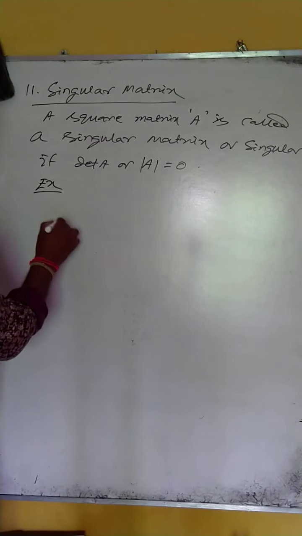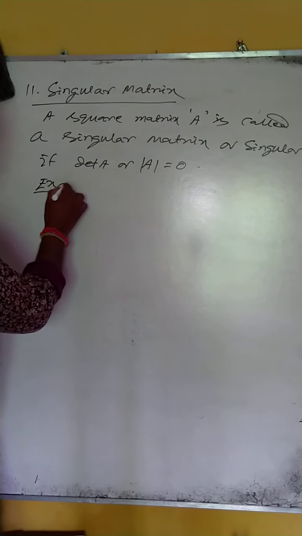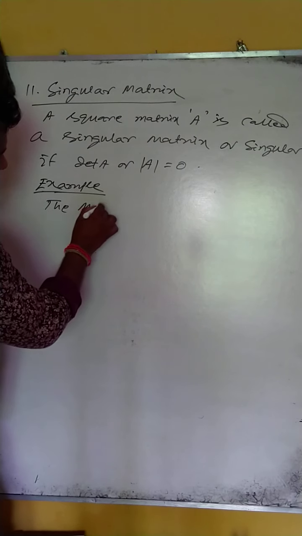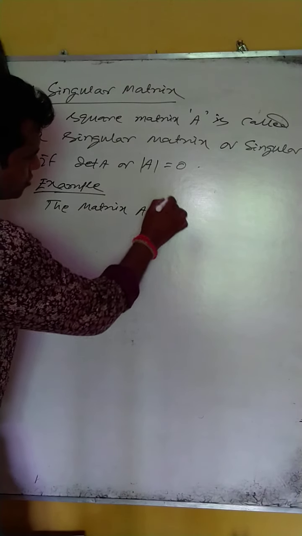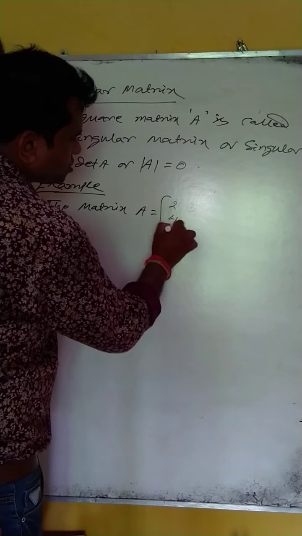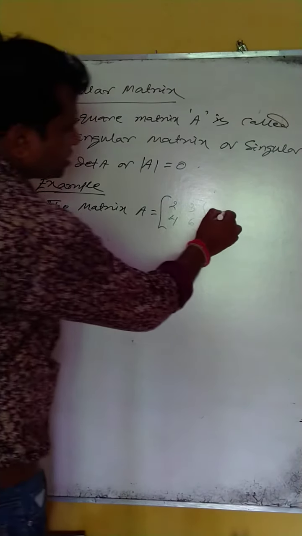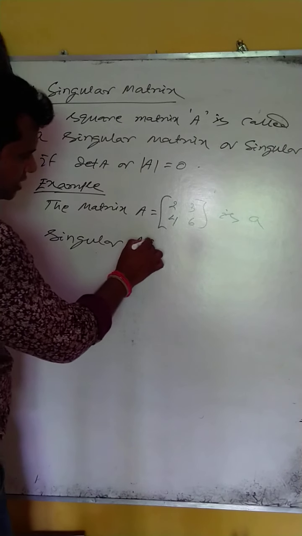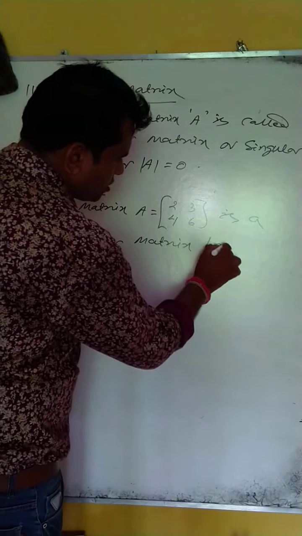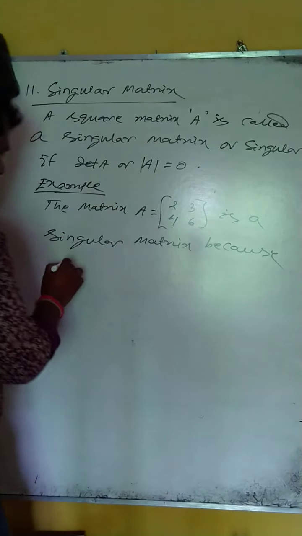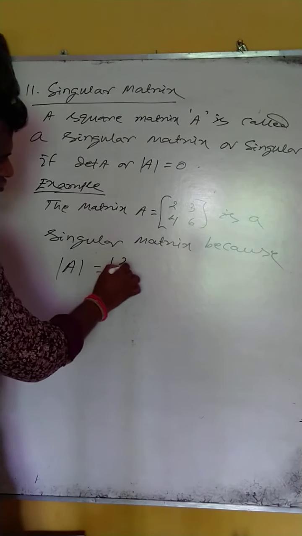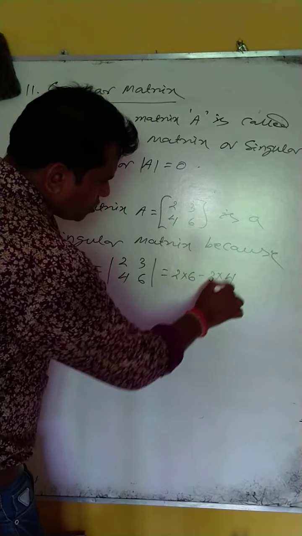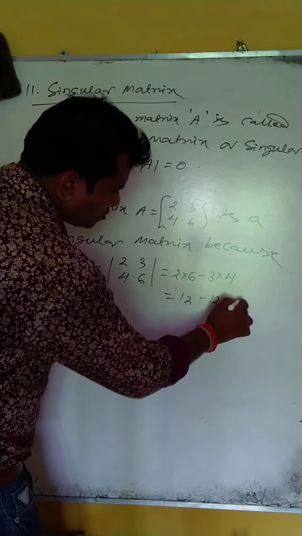Now we take an example. The matrix A is equal to 2 3 4 6 is a singular matrix because determinant A, 2 3 4 6, is equal to 2 into 6 minus 3 into 4, that is 12 minus 12, that is equal to 0.